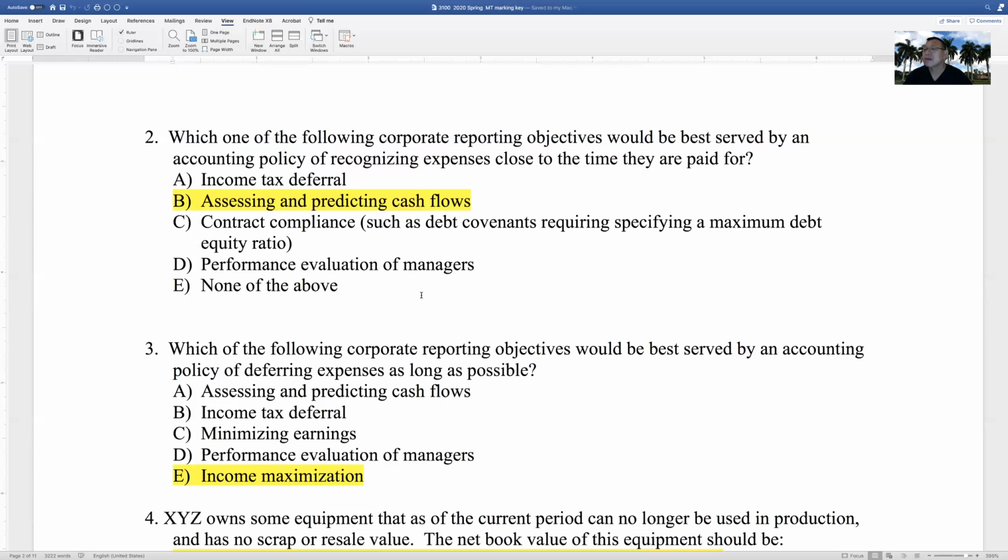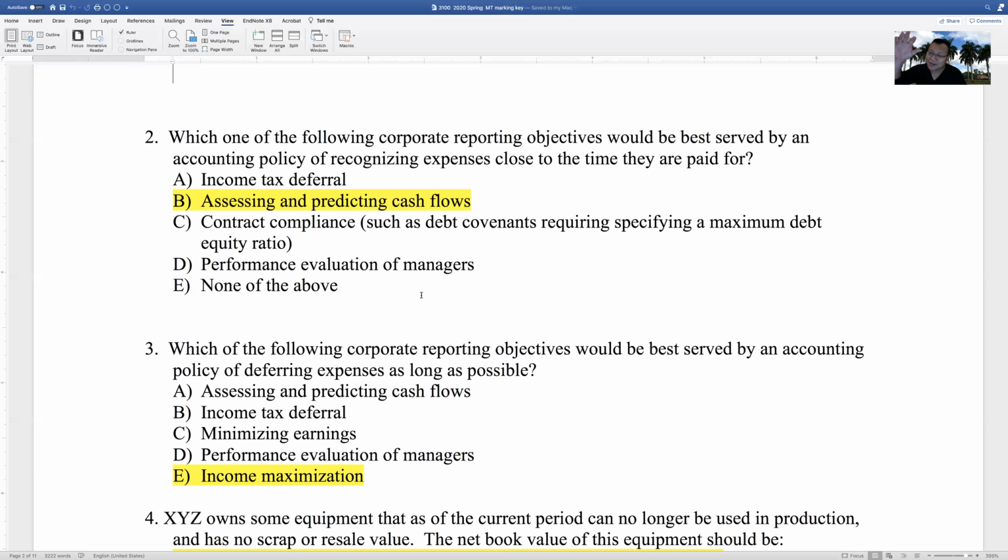Then what happens is, if your expenses are recognized close to the time of the cash outflows, you can use your income statement, remember, expenses are on your income statement, to predict cash flows.